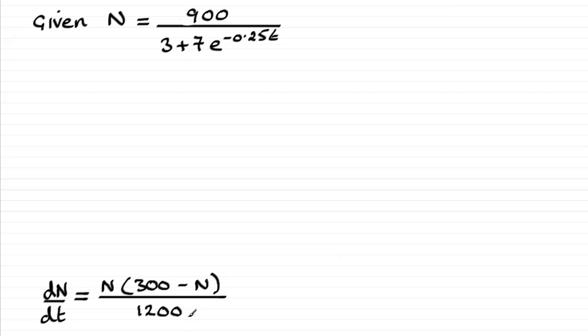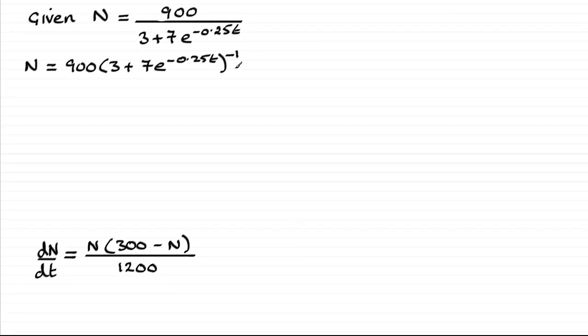In order to do this, we could use the quotient rule, although I do feel that's unnecessary, a bit long-winded, purely because in the top here we've just got a constant 900 rather than a function of t, like 900t for instance. So the way I would do it, which I think is quicker, is to rewrite this as 900 times all of that denominator, brought up to the top, to the power -1. And I can use the chain rule now to work this out.